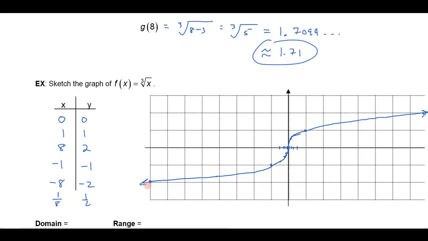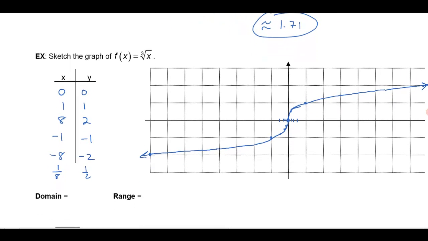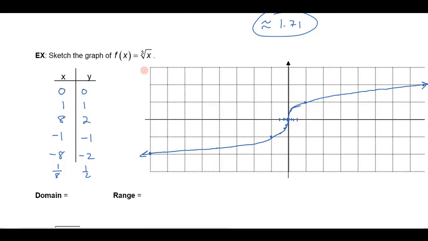Okay, so notice on this graph of the cube root function, you can take cube roots of both positive and negative numbers, and so your domain here is going to be all real numbers from minus infinity to infinity. This whole x-axis here has a graph paired with it. And then notice I'm also getting out positive and negative numbers.